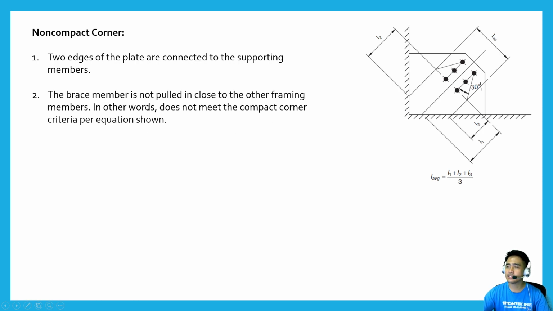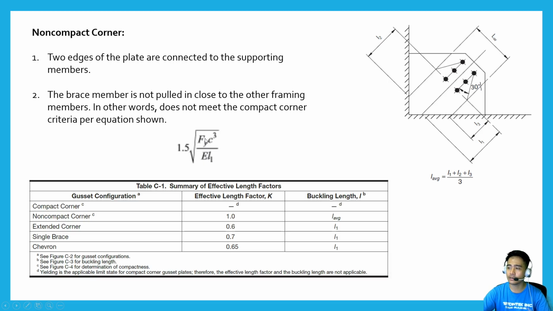The brace member is not pulled in close to the other framing members. In other words, it does not meet the compact corner criteria per the equation shown. So this is the difference between compact and non-compact. This is the compact corner criteria. If it does not meet this criteria, then it will be classified as a non-compact corner.